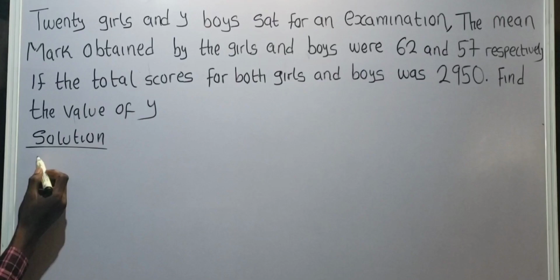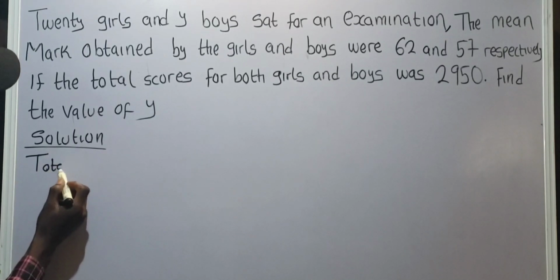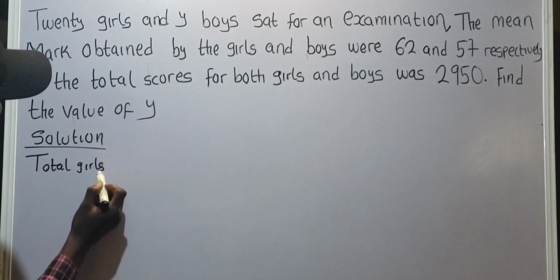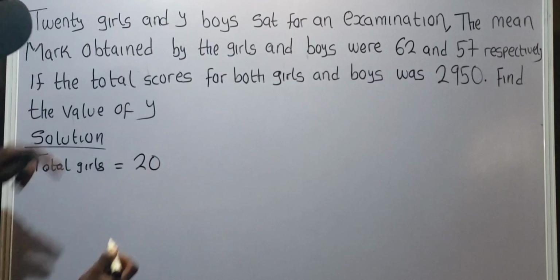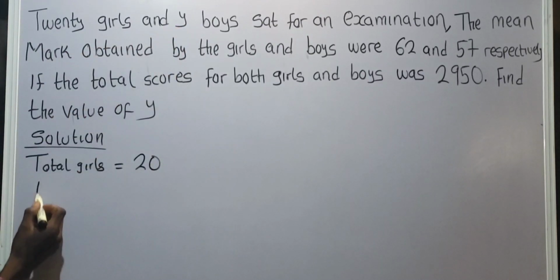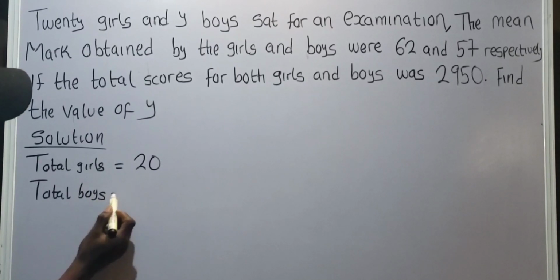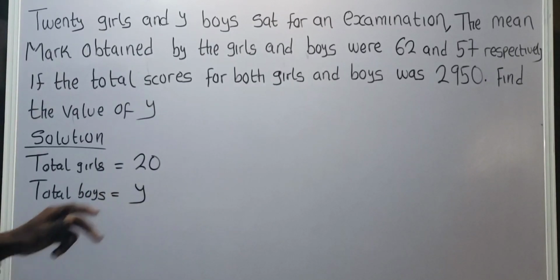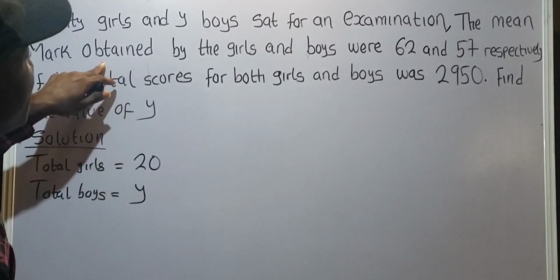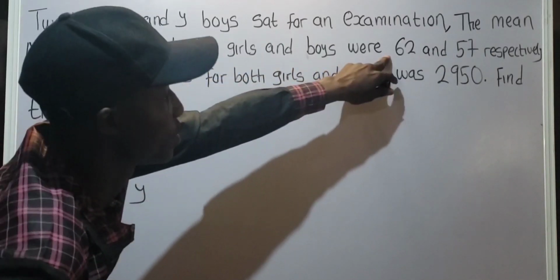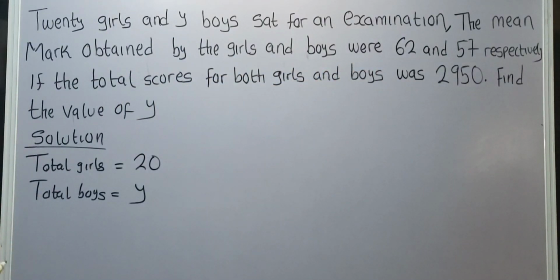Solution. So total girls is 20, and the total boys is y. Now the mean of girls is 62. The mean value for the scores of girls in the examination is 62.